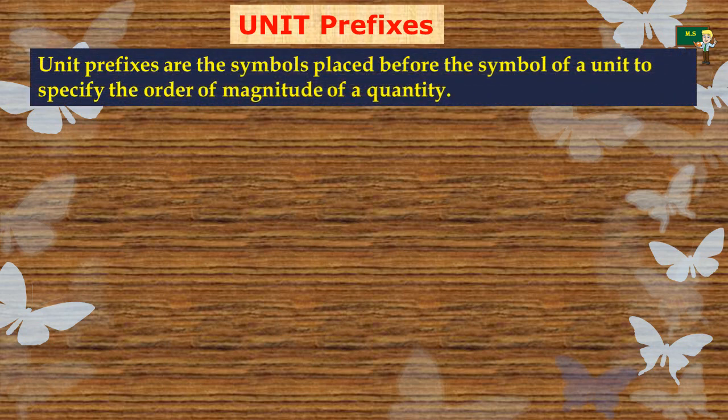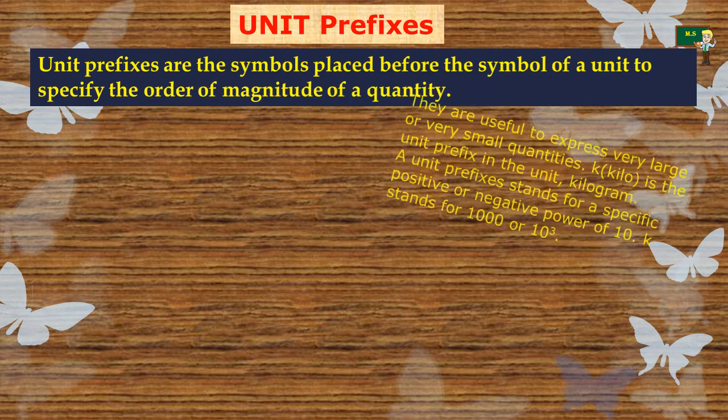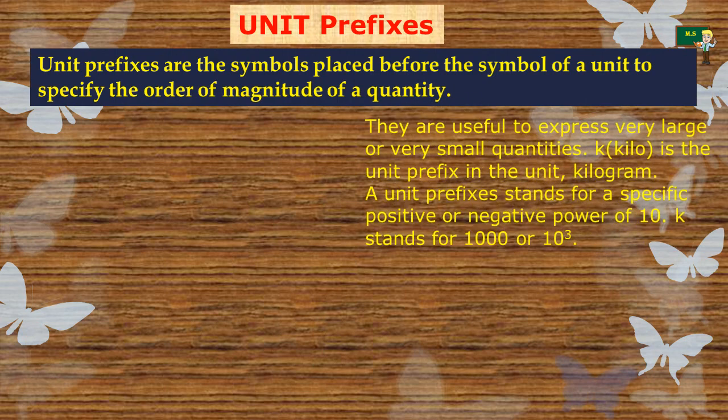And the unit prefixes are very useful to express very large or very small quantities. K for kilo is a unit prefix in the unit of kilogram. A unit prefix stands for a specific positive or negative power of 10. K stands for 1000 or 10 to the power 3.